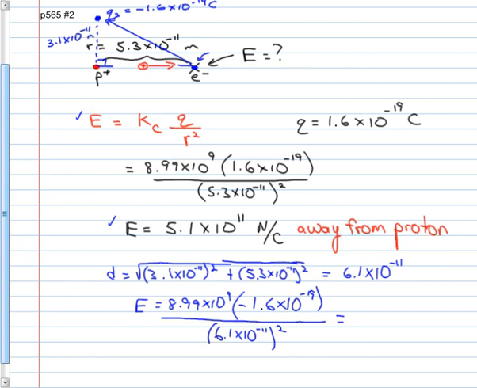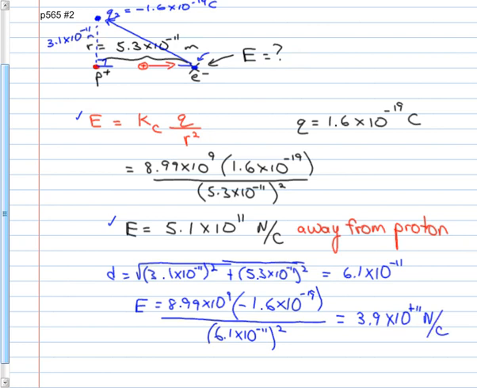So what electric field strength do we feel from that electron? Negative 3.87 times 10 to the 11th. I'm just going to write the magnitude. 3.9 times 10 to the positive 11th newtons per coulomb.